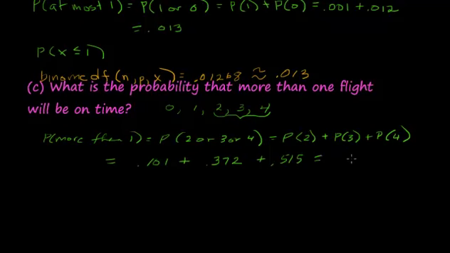And we add those together and we get 0.988. So the probability that more than one flight will be on time is 0.988.